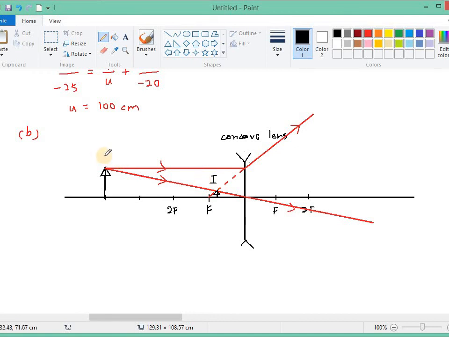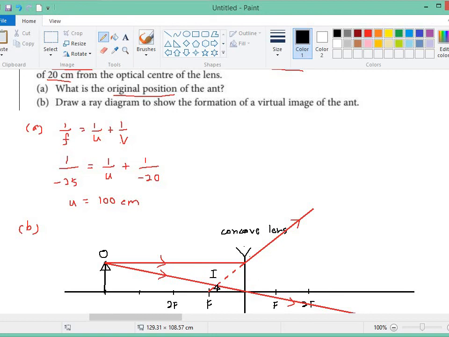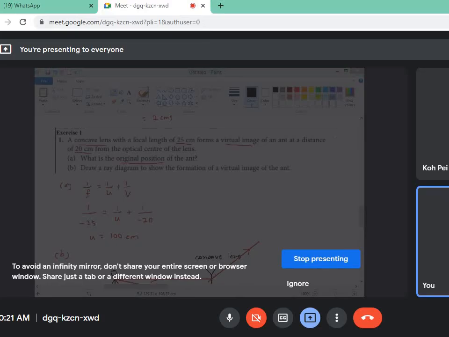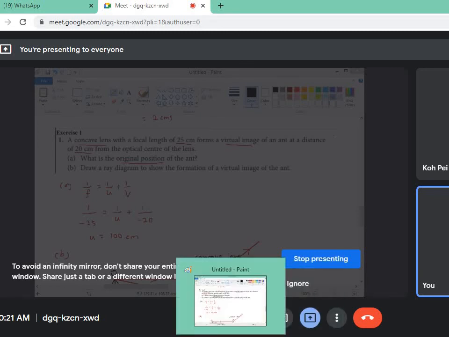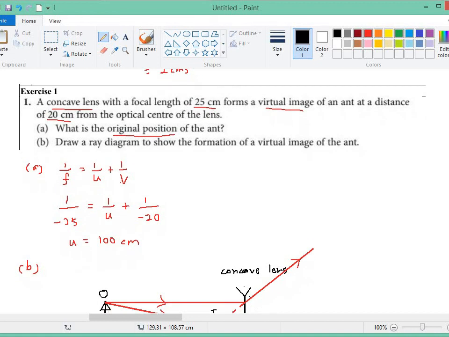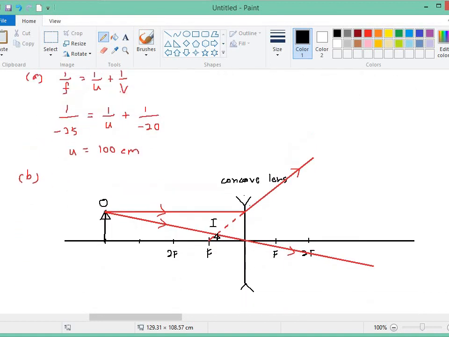So this is the image, and this is the object.